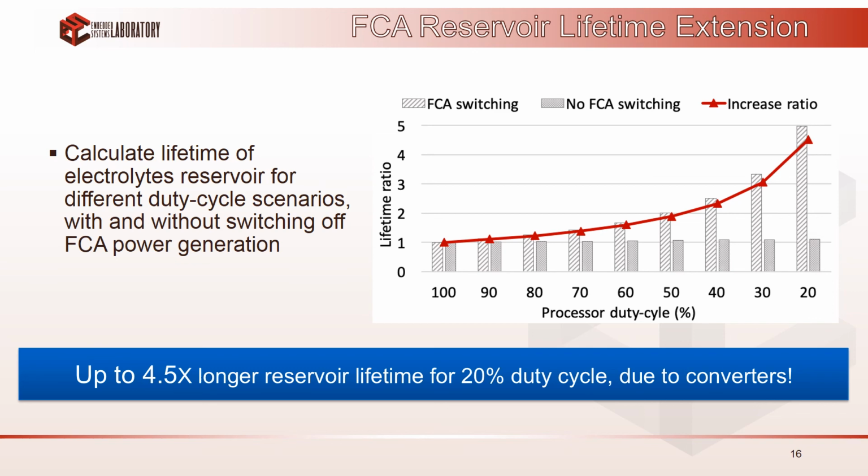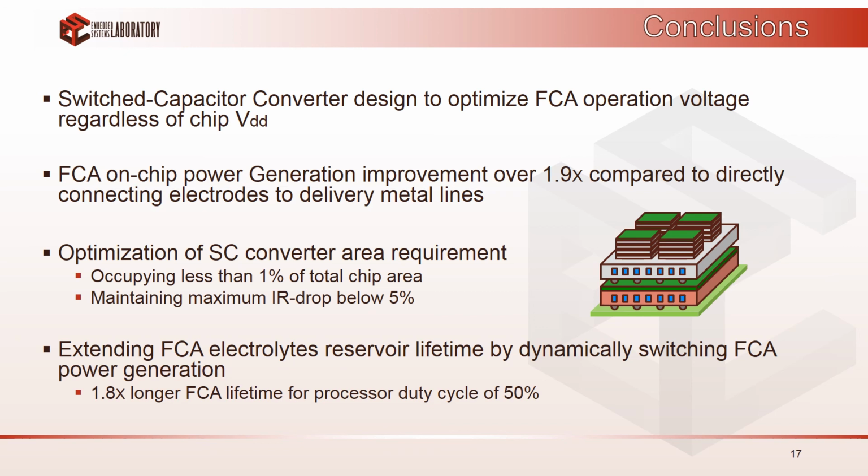To summarize this presentation, we have used in this work switched capacitor converters in order to optimize the operation voltage of flow cell arrays, regardless of chip VDD. We have shown that they enable over 1.9 times improvement of on-chip power generation compared to directly connecting FCAs to the chip power network.